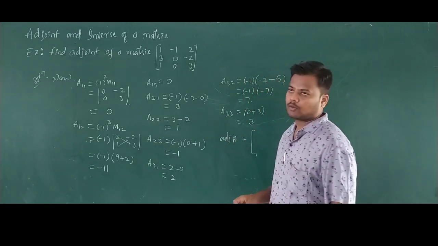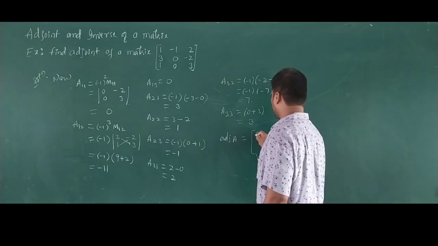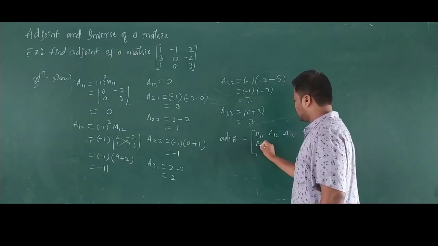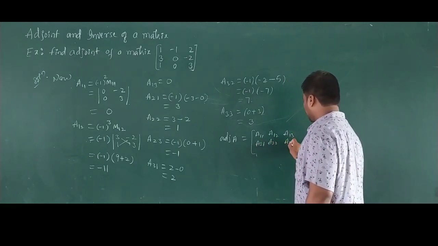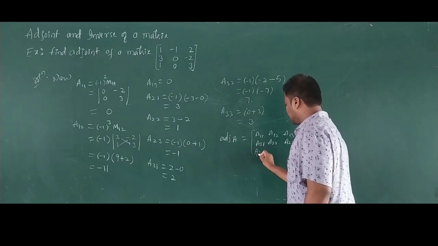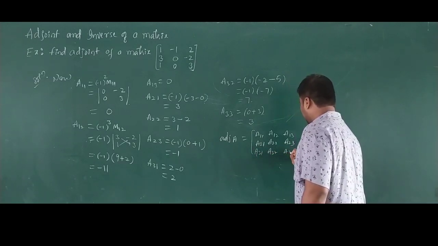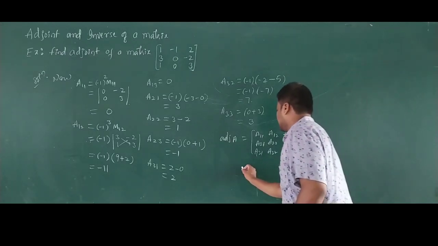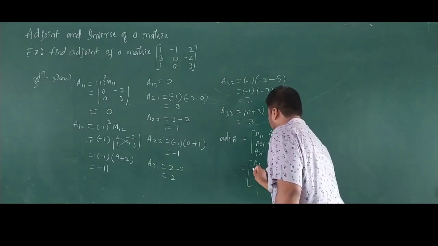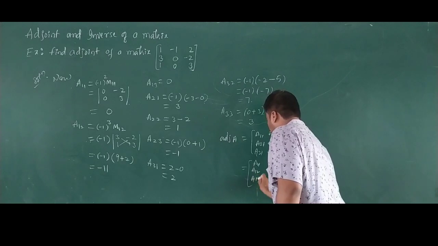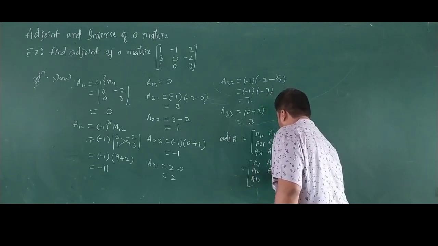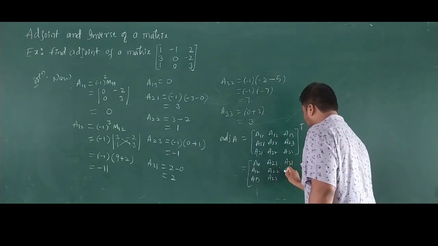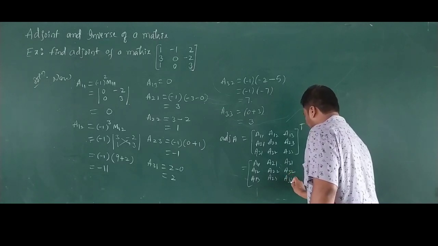the transpose of the cofactors. If we draw the diagram, the transpose of cofactors means a11 a12 a13, a21 a22 a23, a31 a32 a33, and its transpose. So this is nothing but a11 a12 a13, a21 a22 a23, a31 a32 a33.